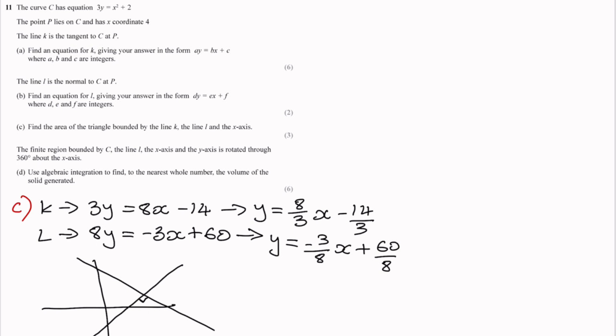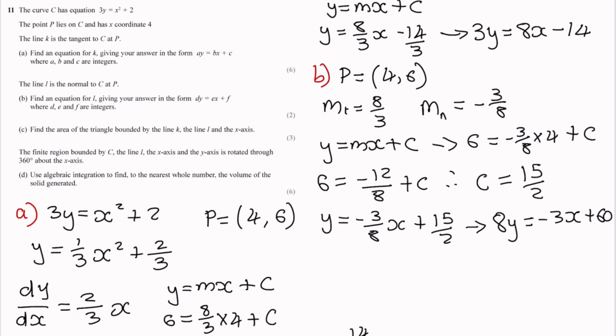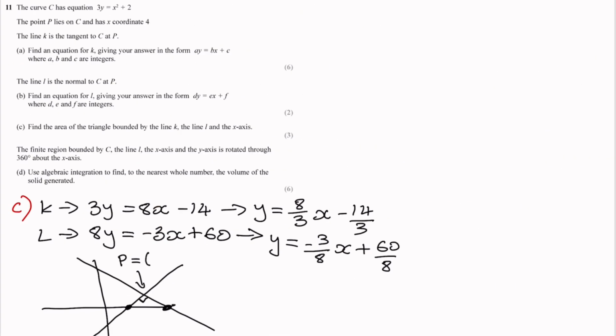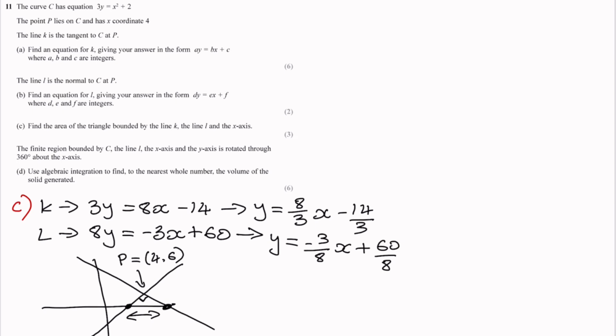Now we know the base is the difference between this point and this point, and the height is 6 because this is the point P, which we have found the coordinates from the previous part is 4, 6. So therefore we know the height of the triangle is 6, so we just need to find this distance here, which is the base.